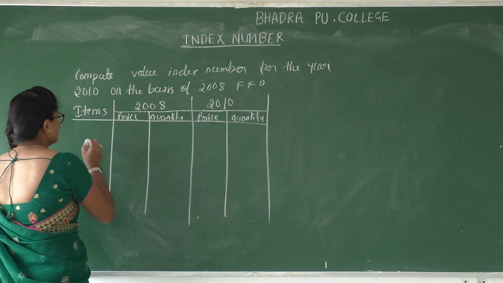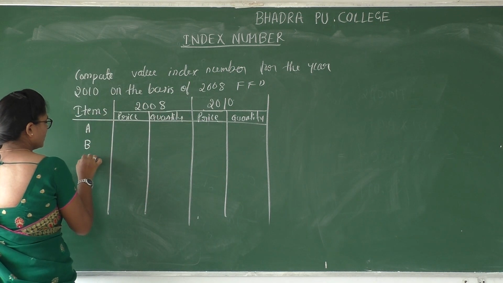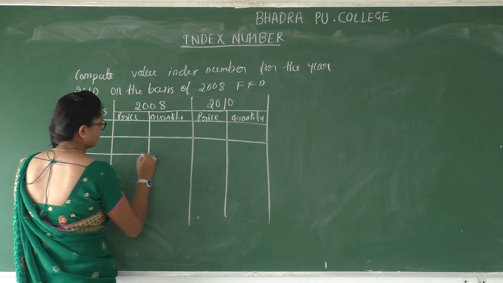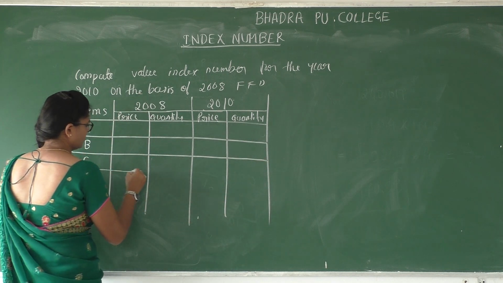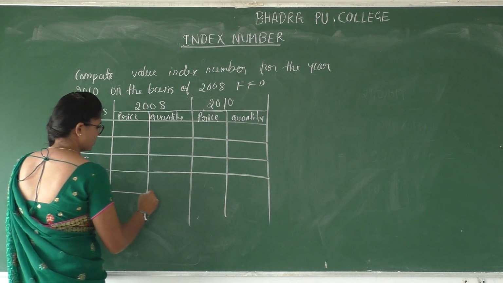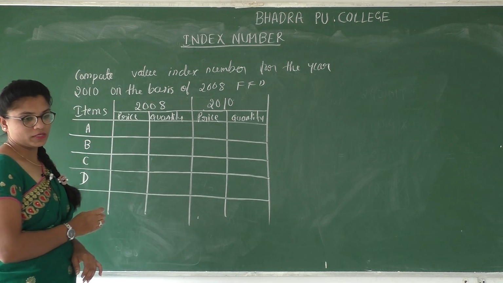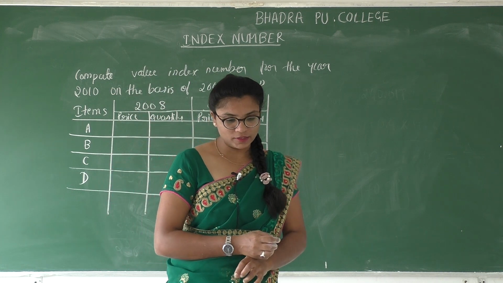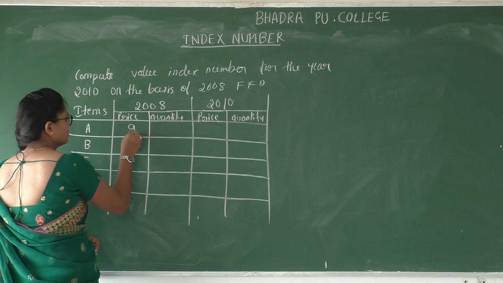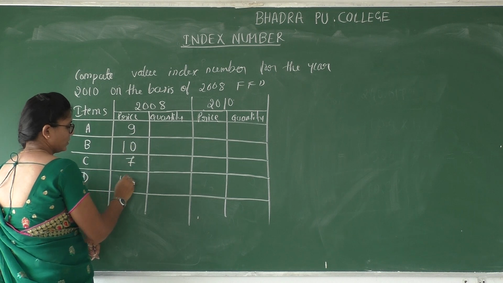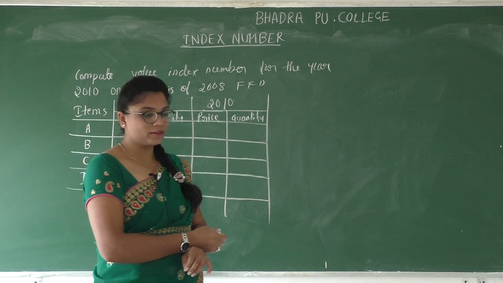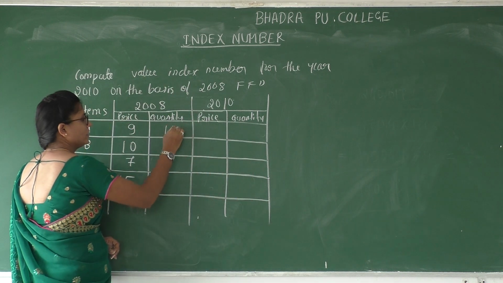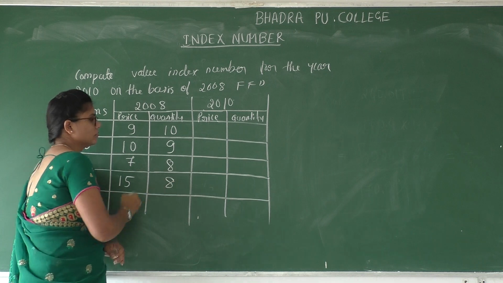Under items we have A, B, C, D. Price values are 9, 10, 7, 15 and Q0 is 10, 9, 8, 8.